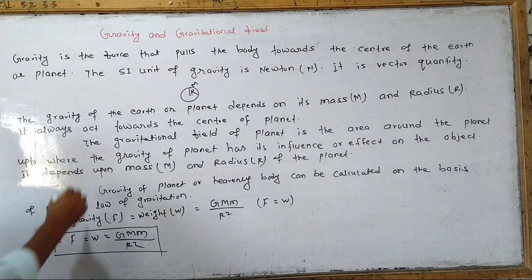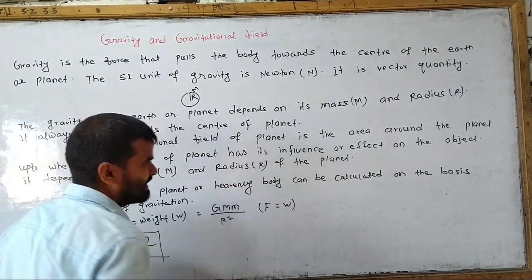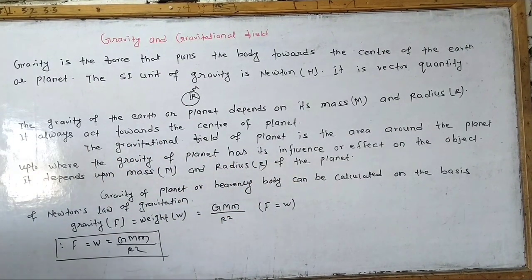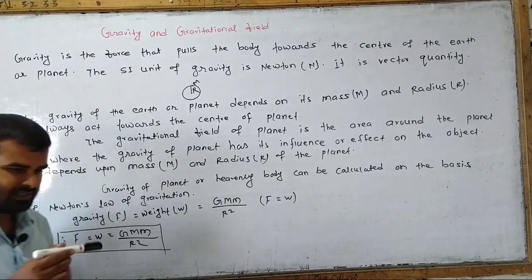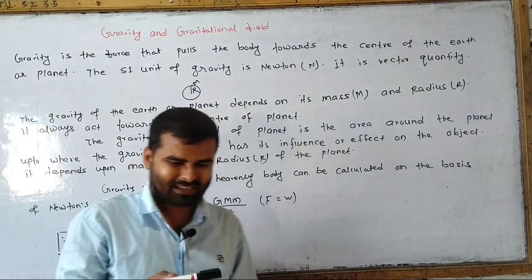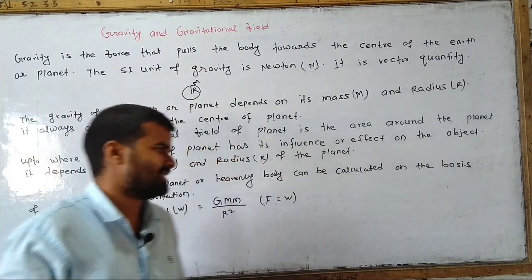Next one, gravitational field. The gravitational field of a planet is the area around the planet up to where the gravity of the planet has its influence or effect on the object. Suppose this is the marker. If you throw it, it again falls.